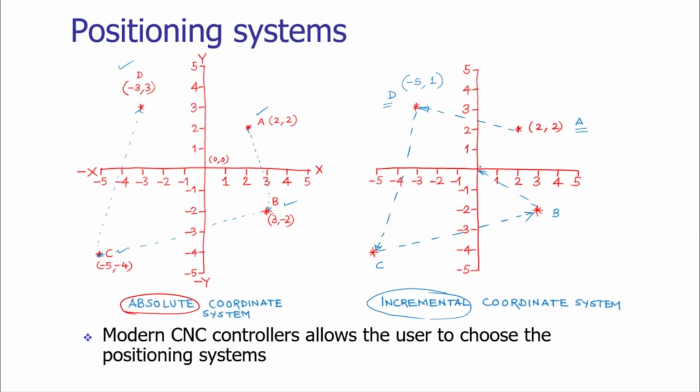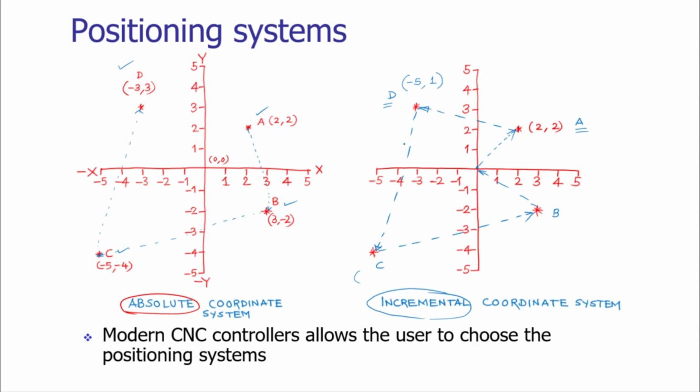Point A has been designated with respect to the origin, so here we are starting from the origin. Now from point D, we need to find out how far point C is. Point C is -5 in absolute, and point D is -3 in absolute. So we need to move along the X direction by 2 units. We move along the negative X direction from D to reach point C, since C is on the left side.